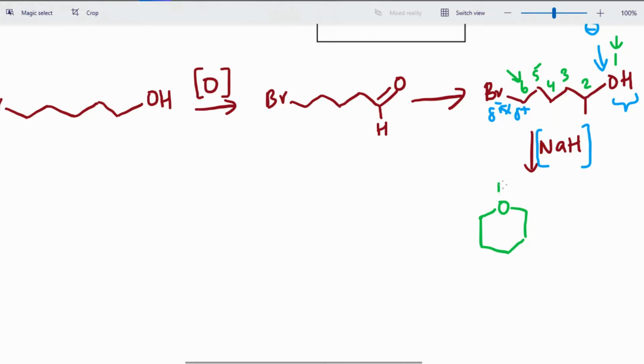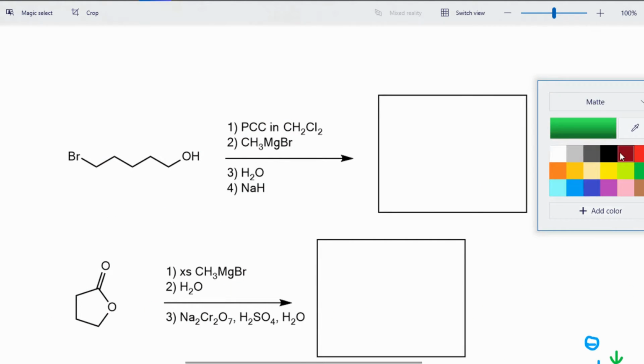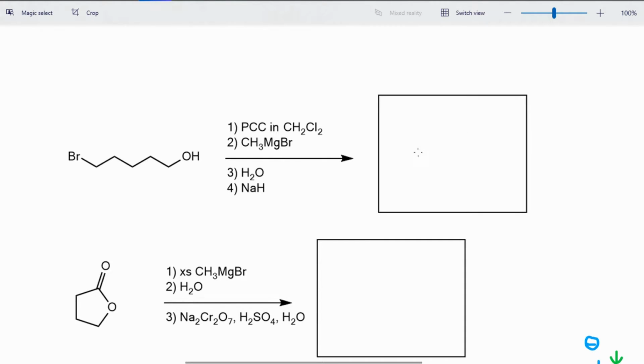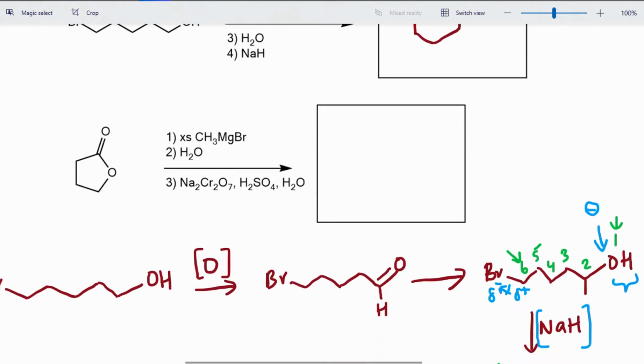You number it in such a way: 1, 2, 3, 4, 5, and 6. But remember that position number 2 here has a methyl group projection, so we need to draw that on our final compound to get the right outcome. So here, this set of reagents leads to the production of a 6-membered ring with a methyl group projection off of a particular carbon. It's a cyclic ether.